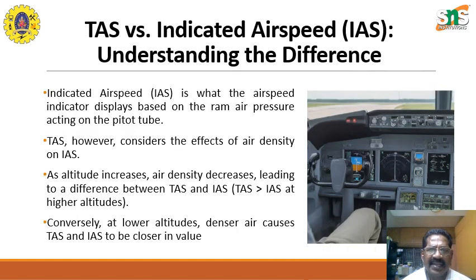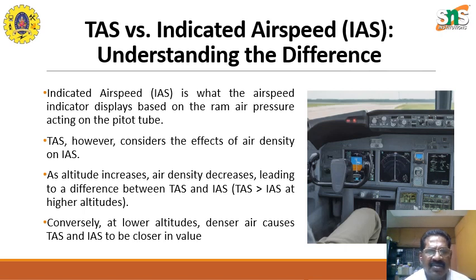TAS versus indicated airspeed, understanding the difference. Indicated airspeed is what the airspeed indicator displays based on the ram air pressure acting on the pitot tube. The true airspeed, however, considers the effects of air density on the indicated airspeed.